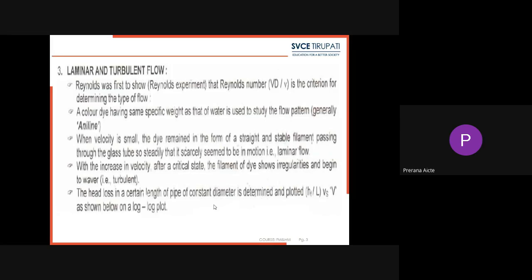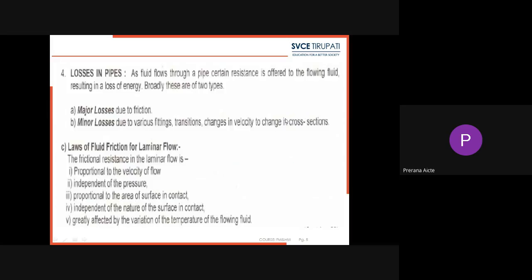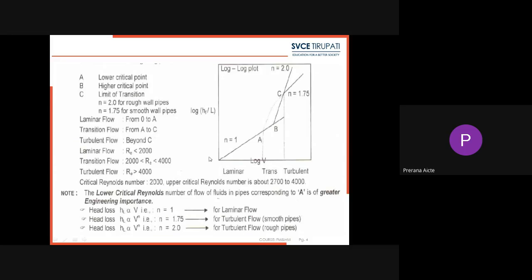The head loss in a certain length of pipe of constant diameter can be determined by plotting hf by L versus V as a log-log plot. This is the plot of hf by L versus V. If we draw the graph for these two values for different types of flows, we get the diagram going from 0 to A, B to C. Here A is the lower critical point, B is the higher critical point, and C is the limit of transition.